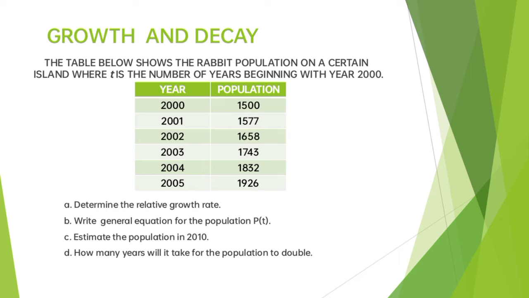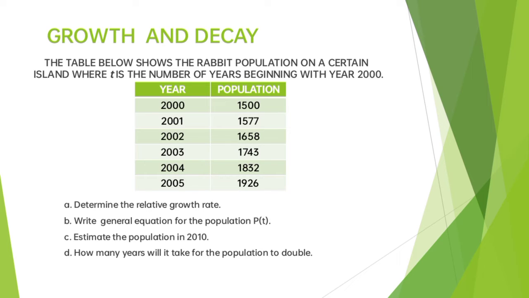So here it is. The table below shows the rabbit population on a certain island where t is the number of years beginning with the year 2000. Before we answer the problem, we analyze the questions.